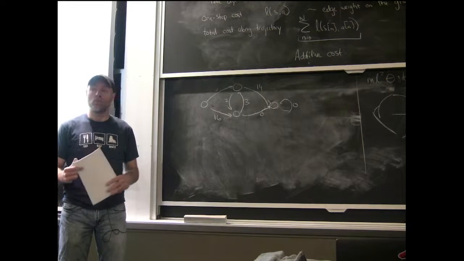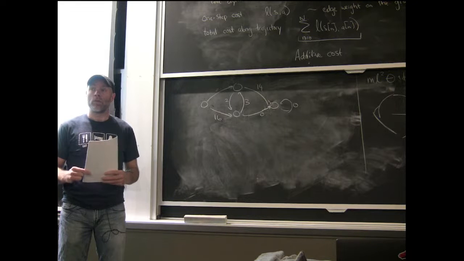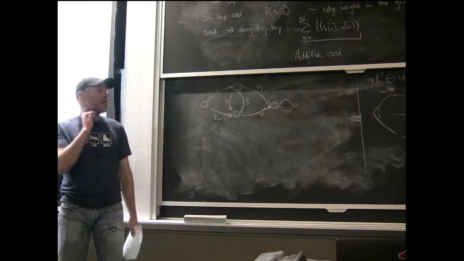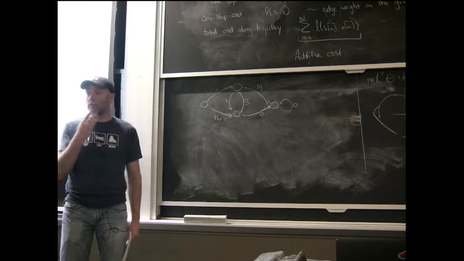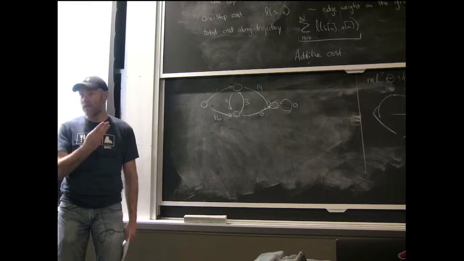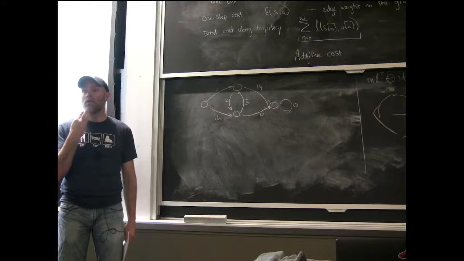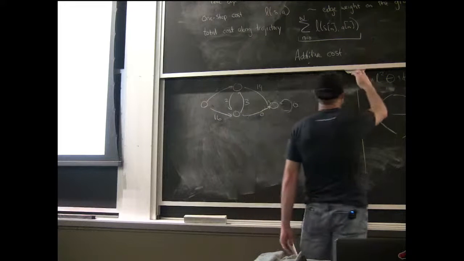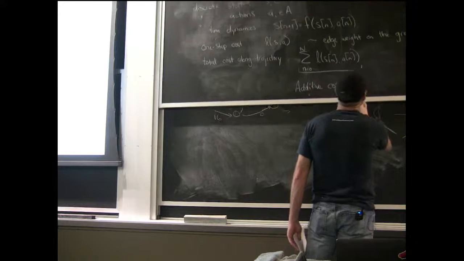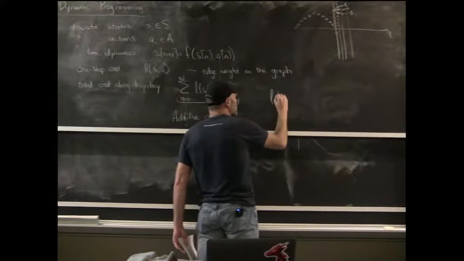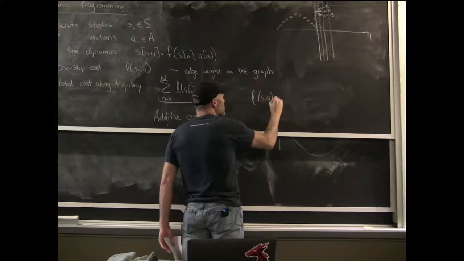For different formulations of the optimal control problem, you might prefer to take different paths, right? So, for instance, what would the edge weight be in the minimum time problem? Let's give an example. What would L of S, A be for minimum time?